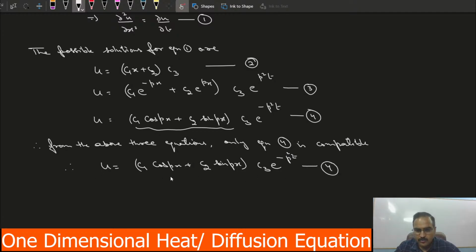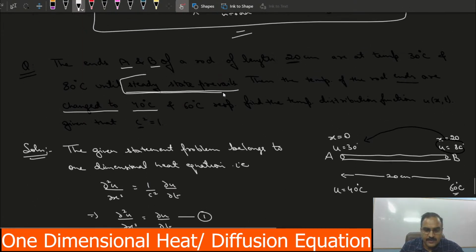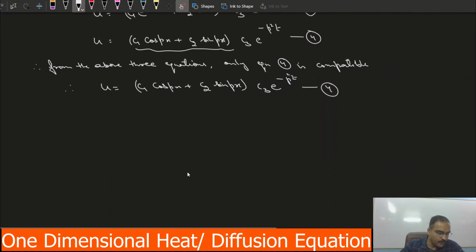Now coming back to the statement again, there was the term steady state prevails. In such type of questions we don't apply the boundary conditions directly. So what we have to do is find the temperature distribution in the rod.